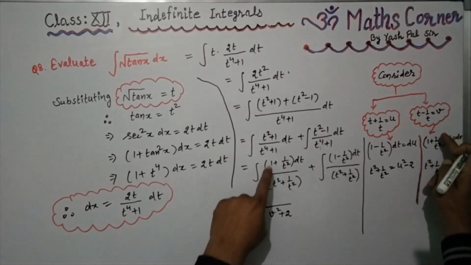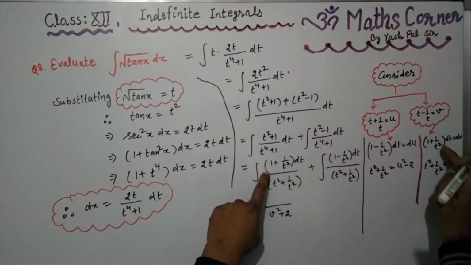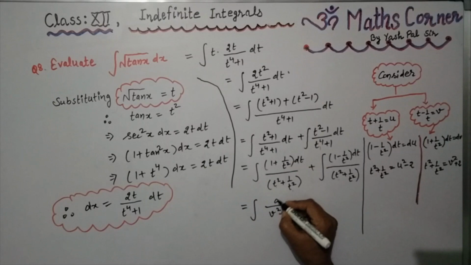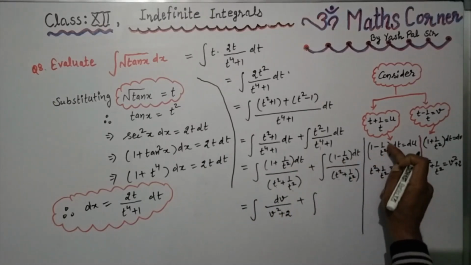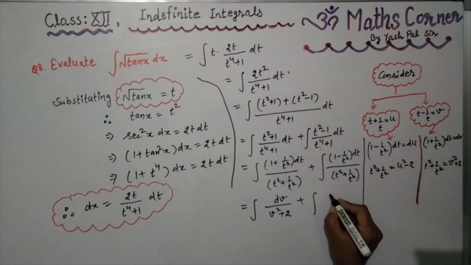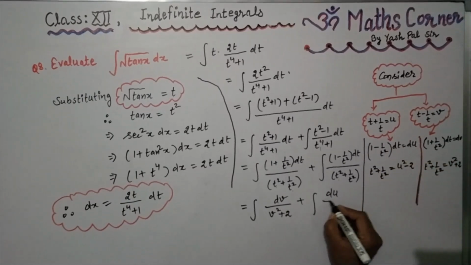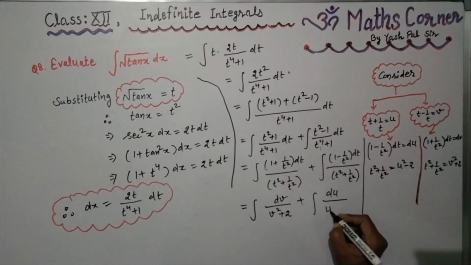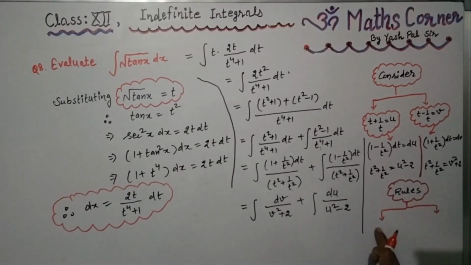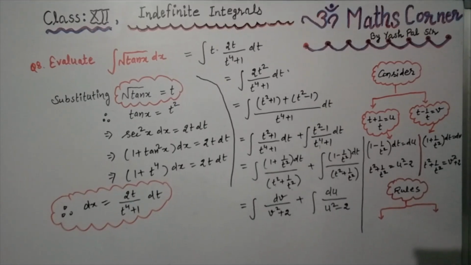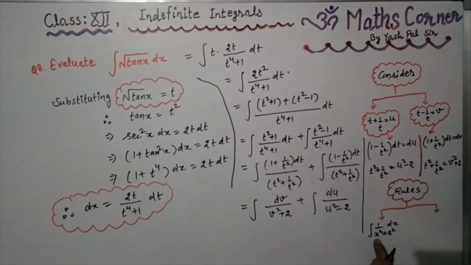In the second case, the denominator t square plus 1 upon t square is v square plus 2 and numerator 1 plus 1 upon t square dt is dv, plus here 1 minus 1 upon t square dt is du. Denominator is u square minus 2.